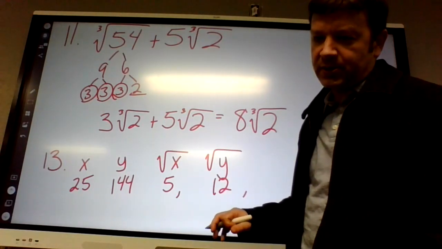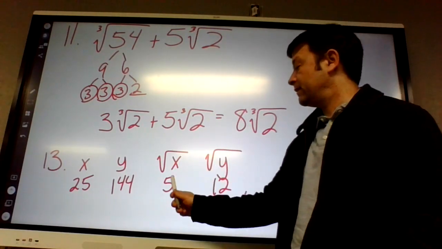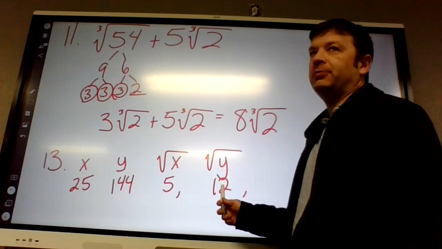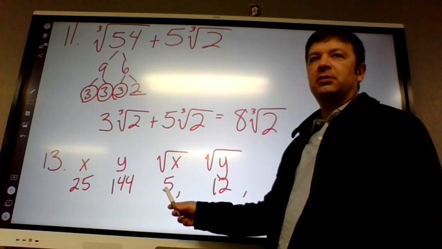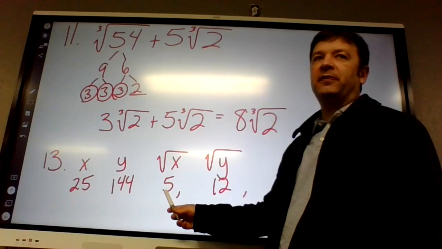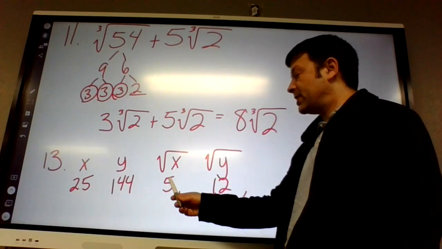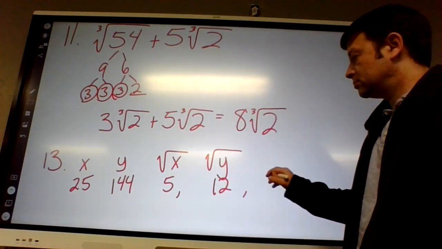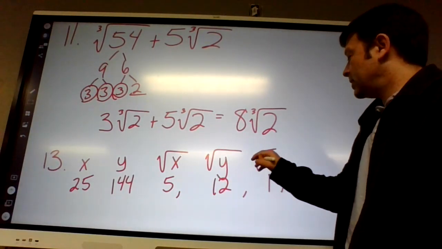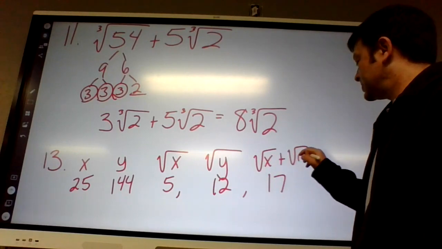And then it says, what would the square root of x plus the square root of y be? So square root of x is that, square root of y is that. So what's that plus that? 17. Yeah, so just add those together.